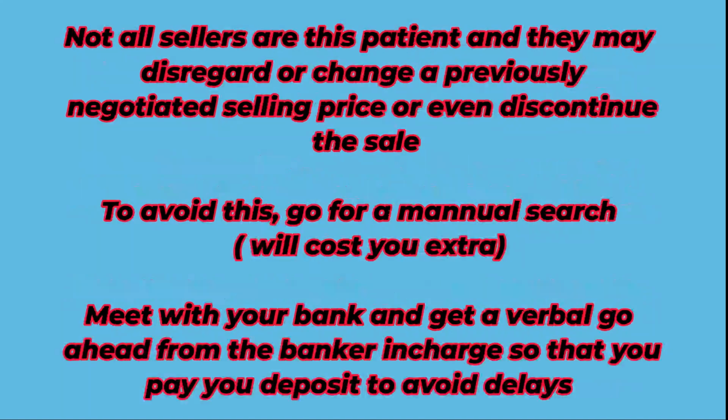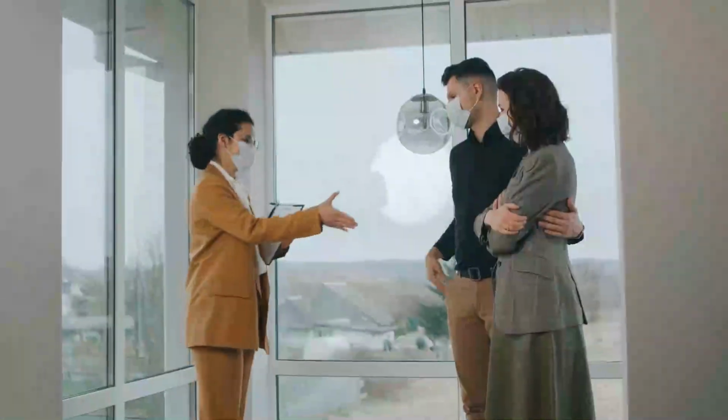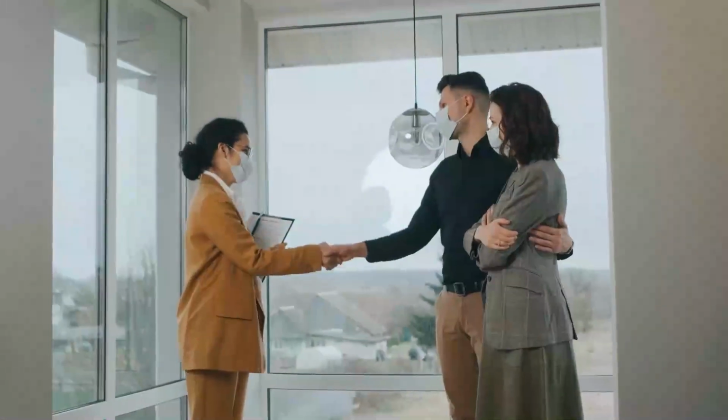Sometimes it takes even up to one month to acquire a search. But if you go to the registries, you may be able to get a search within maybe two days, even the same day. So you may want to reduce anything that may delay the process, because delays are usually translated to extra costs in one way or the other.